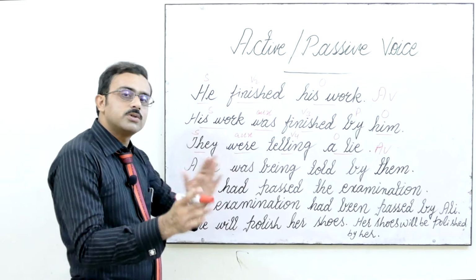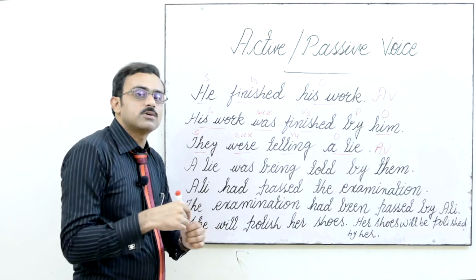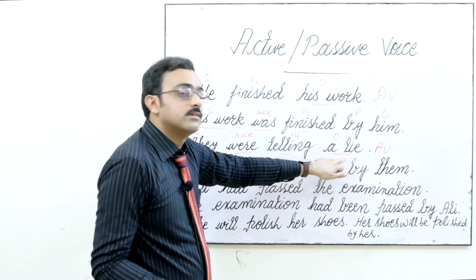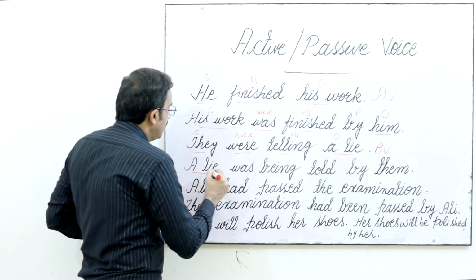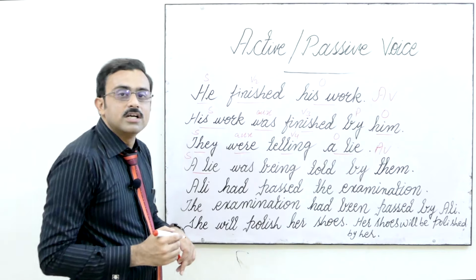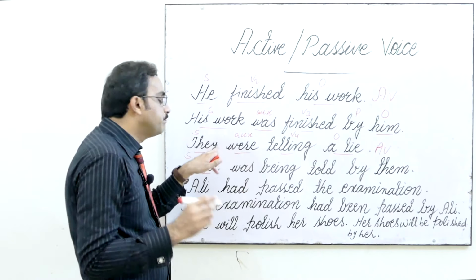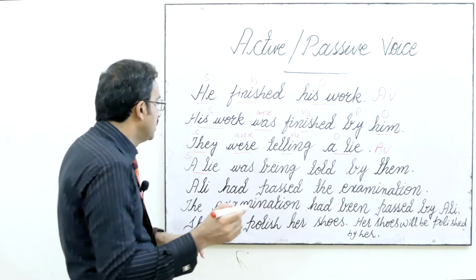And now we are going to change this past continuous tense into passive voice of past continuous tense. First of all, object. Take object as the subject. A lie. Now it is subject. A lie was, because they were plural pronoun, but a lie is your singular noun.